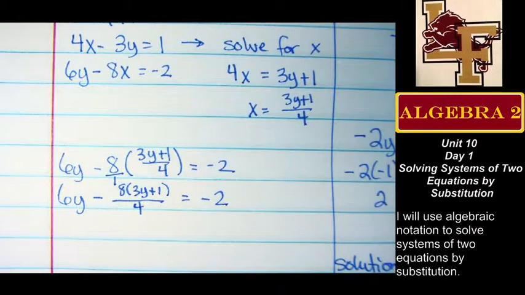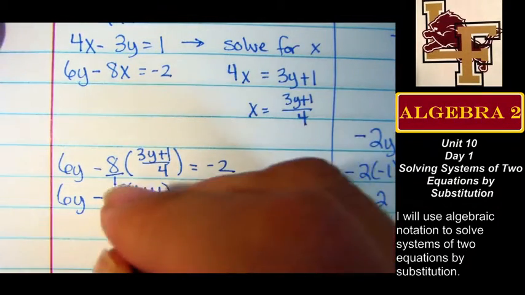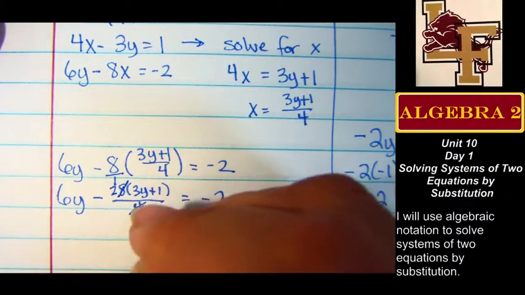I didn't distribute the 8. Not yet. I could. I totally could. But if I look at it right now, I see 8 divided by 4, which is 2. It reduces to 2. The 2 is on the top, and I have a 1 left over on the bottom.